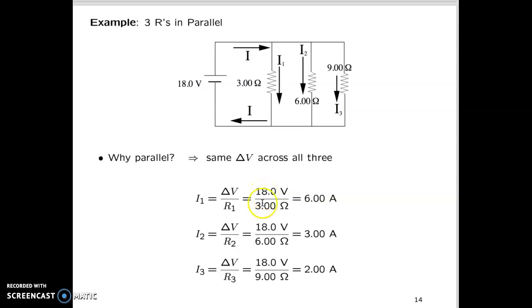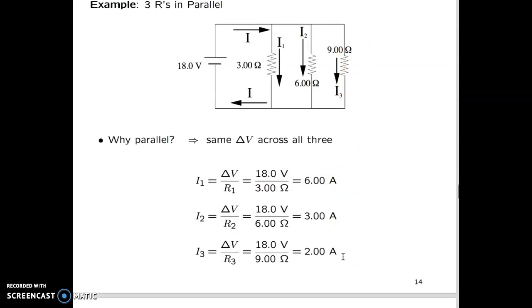So the current is 18 volts divided by 3 ohms. That's 6. Likewise, the current going across the resistor, I haven't labeled it as R2 in the figure, but it's R2. 18 divided by 6, 3 amps. And finally, in this third branch, for R3 equals 9 ohms. Again, the same potential difference, 18 volts, now divided by R equals 9 ohms, 2 amps.